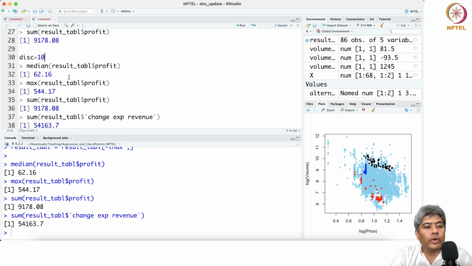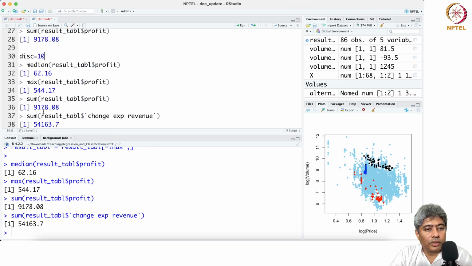So total revenue goes up from 46,000 to 54,000, but total profit goes down marginally. So sometimes the company wants to grab the market share, and if they see that their total profit is not taking a hit but their overall market share is going up, why not give some kind of promotional activity by giving discount.